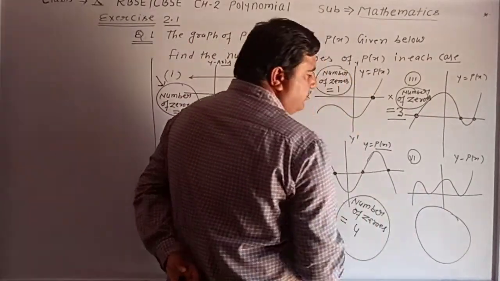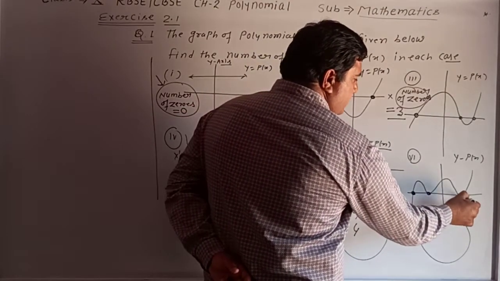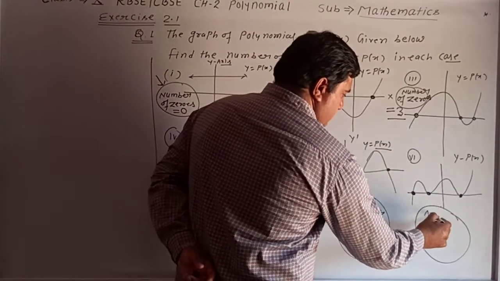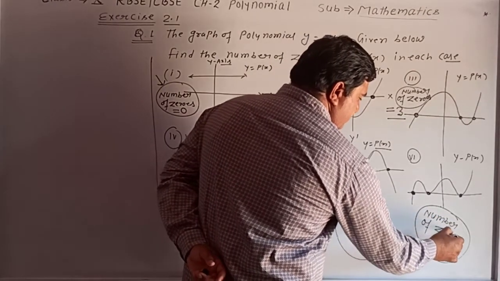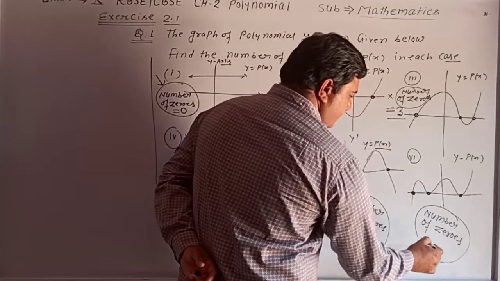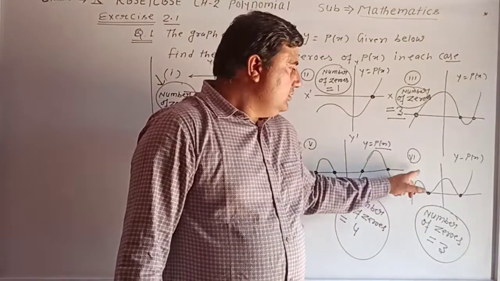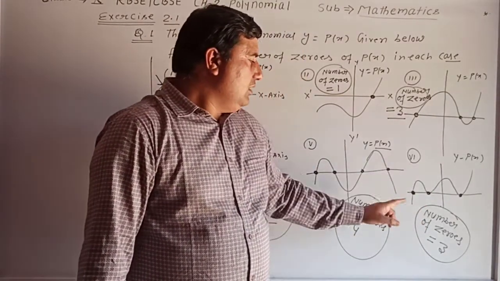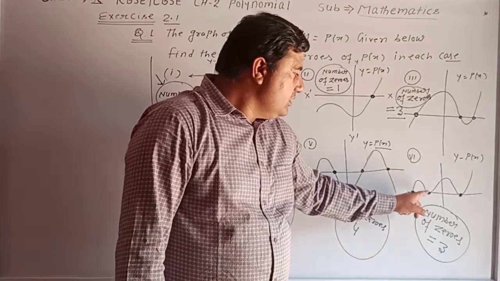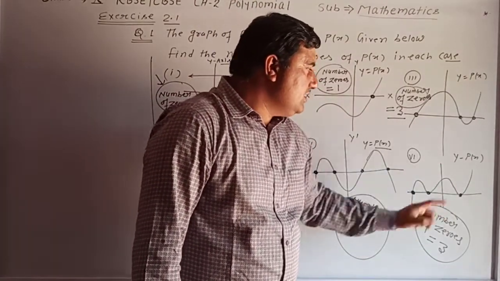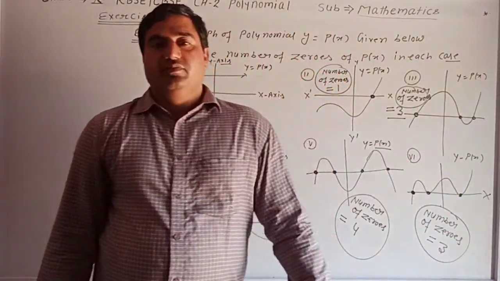In this graph, the number of intersections is 1, 2, 3, so the number of zeros equals 3, because this graph intersects the x-axis 3 times.